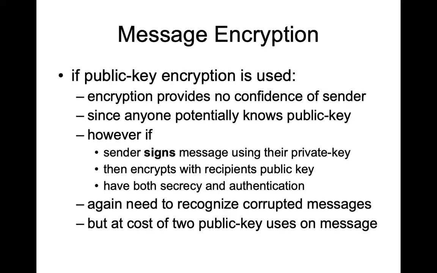Then, of course, when Bob decrypts the message, he can read the message. He knows that only he can decrypt it because the message is encrypted with his public key. And he can check the signature by just decrypting it with Alice's public key, which of course is known to him. And whatever he decrypts should match the plain text message that he just obtained.